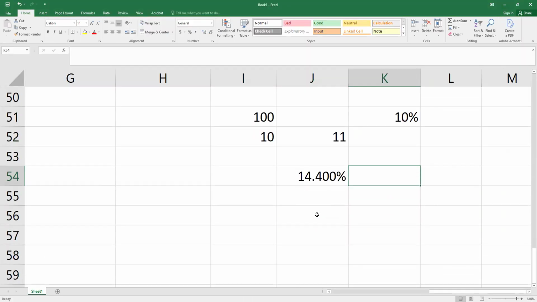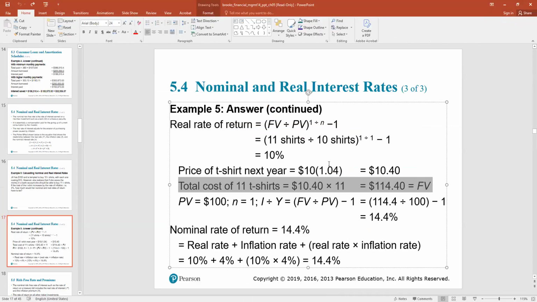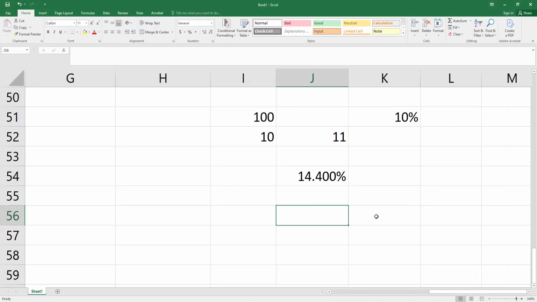So you can buy 11 t-shirts, yeah? With the inflation rate, $10 for one t-shirt is basically multiplied by 1 plus 4%. That will give you the price of the t-shirt next year.